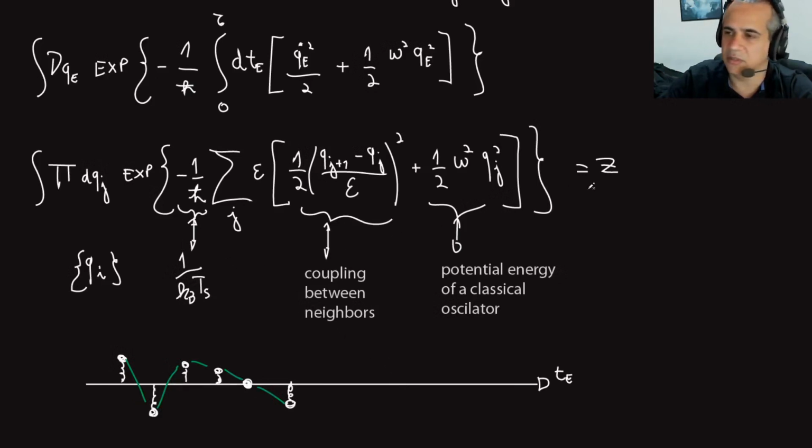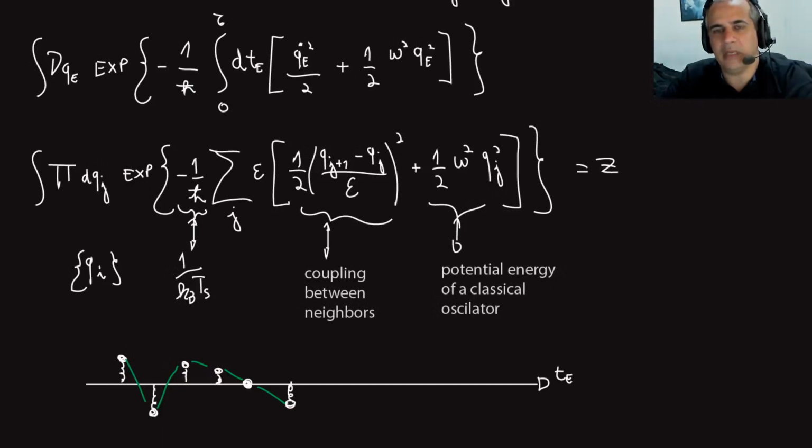And of course you're summing over all the configurations, and this is giving the partition function for the system. So in a sense, one oscillator in Minkowski time is being rotated into a lattice of many bodies with this coupling between neighbors in Euclidean space.